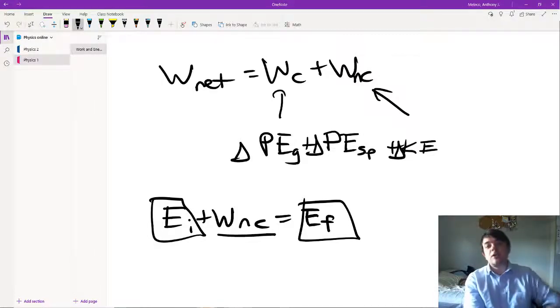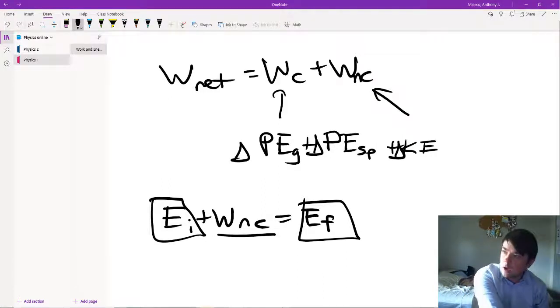So non-conservative work will always subtract away from the system. Sometimes it can add to it. So for example, think friction. I'm pushing an object, right? That has initial energy. If you're pushing it, there's friction, and friction subtracts away from the system, and that gives us the final energy total in the system.